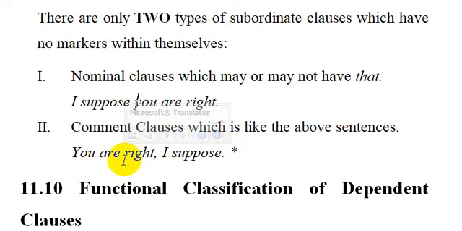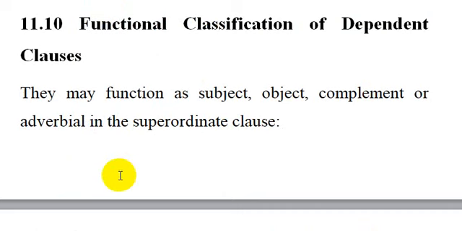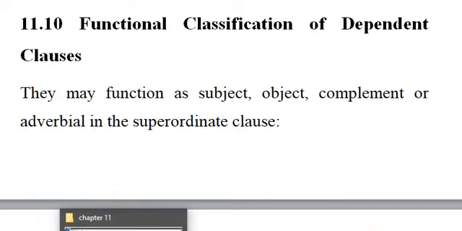So this is case number 2: except these cases, in which we cannot find the markers within themselves to indicate the subordination or the subordinators. Now, the second topic that we discuss in this lecture is the function classification.